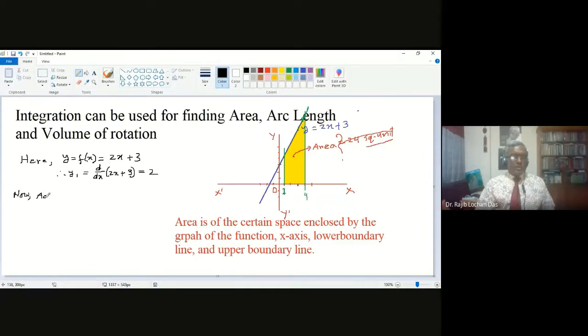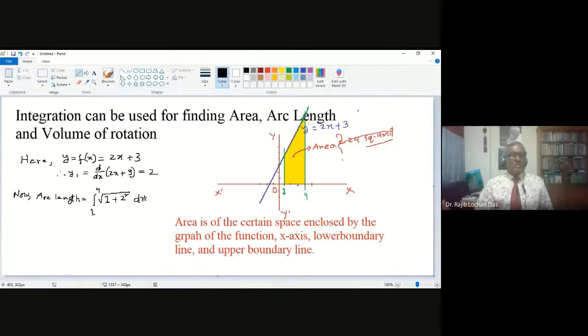What is the arc length formula? Integration, the boundary of x values 1 to 4, root over 1 plus y1 square. So what is your y1 here? It is 2, so 2 square, and then dx.